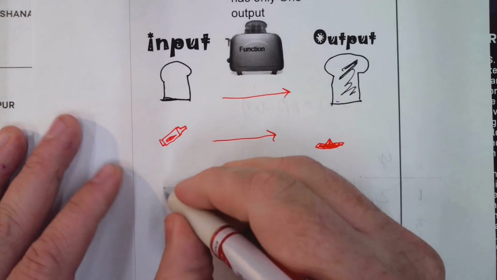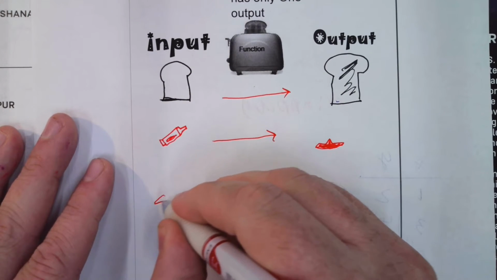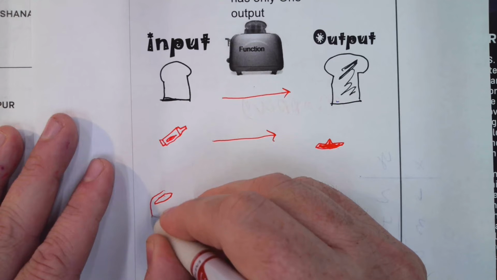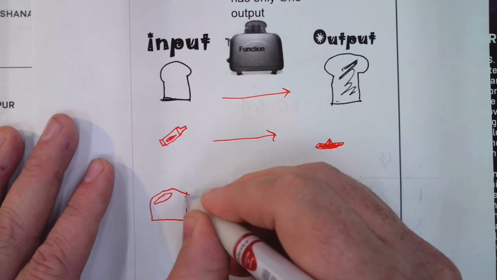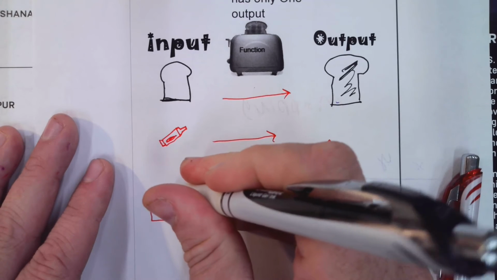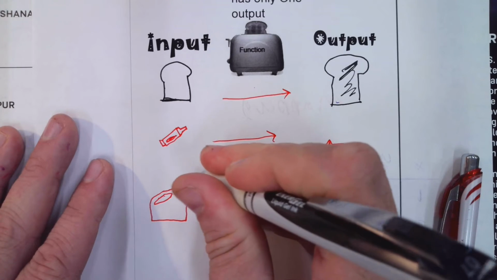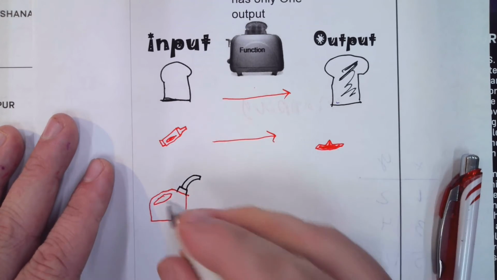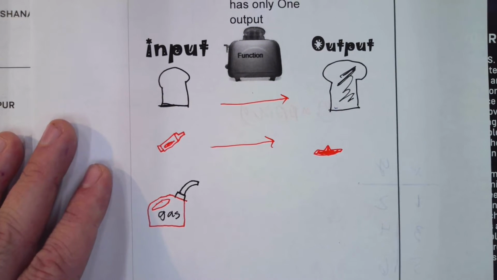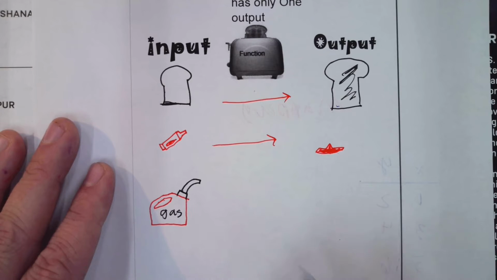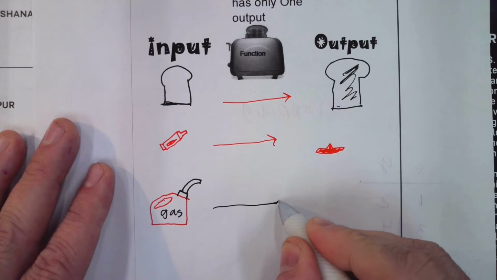All right. So this is fun. What if I wanted to do this? Let's see if you can guess what this is. Cheesecake. It's a gas can. That's laundry detergent. What? I mean, you can put gas in the toaster, can't you?